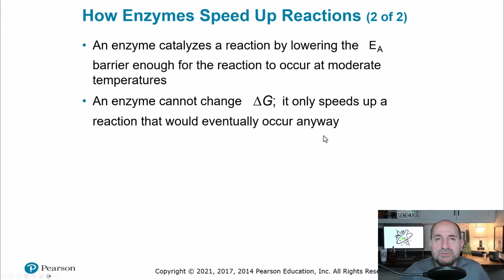Does that make sense? Enzymes speed up reactions that were going to happen anyway, reactions that have a negative delta G. What enzymes do is they effectively lower the activation energy such that these processes can occur at body temperature or room temperature. And that's how enzymes function.